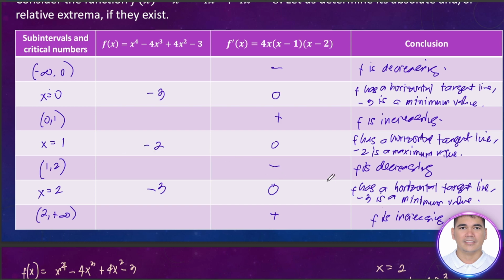Since the polynomial function is of degree 4 with a positive leading coefficient, as x approaches positive infinity and as x approaches negative infinity, f of x approaches positive infinity. So both relative minimum points are absolute minimum points also.